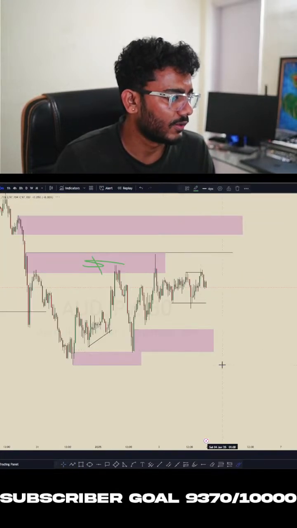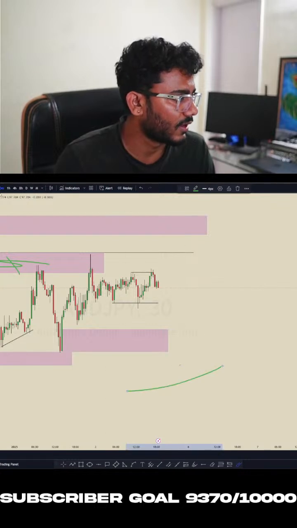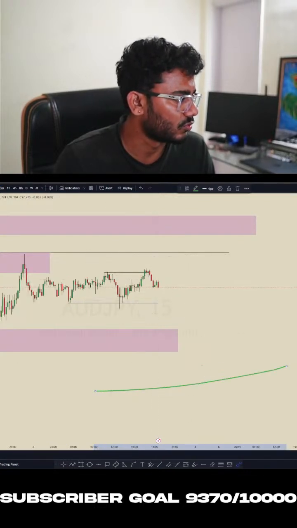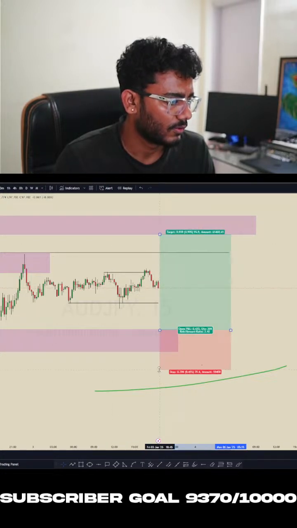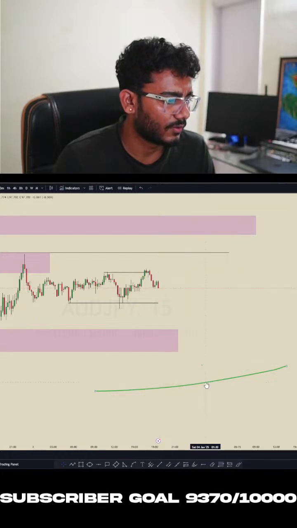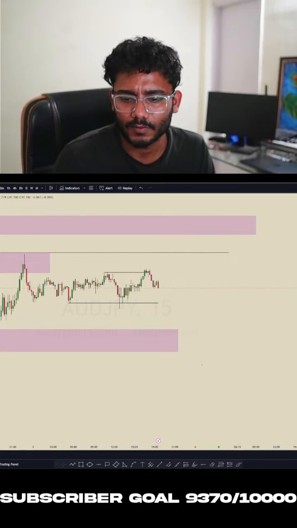But if we enter directly, the RR is very low. I guess 1:2 something. Even if we, okay, 1:4. But if we put our stop loss like this, it is 1:2. So look for confirmation entry, like change of character in this area.